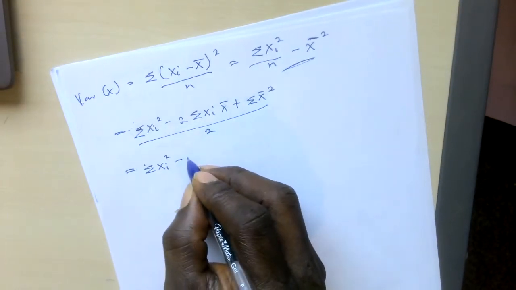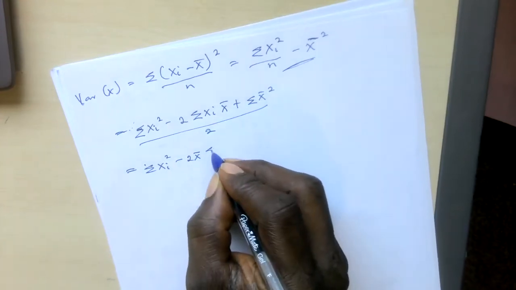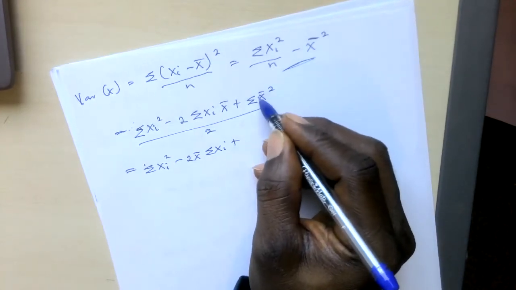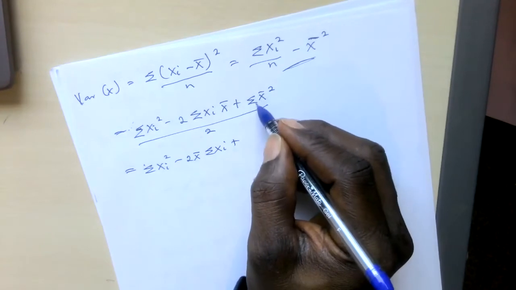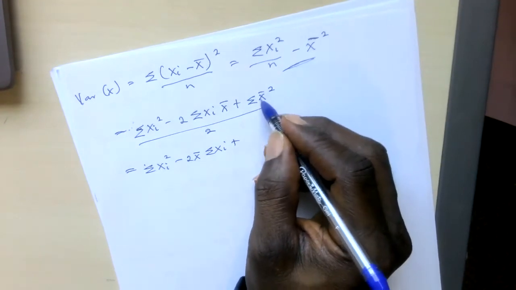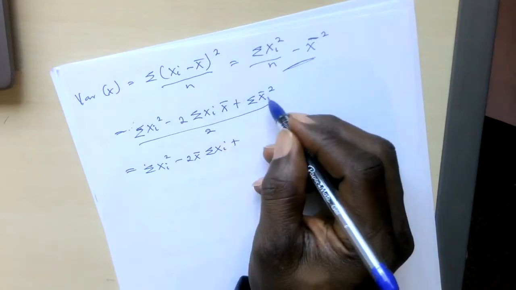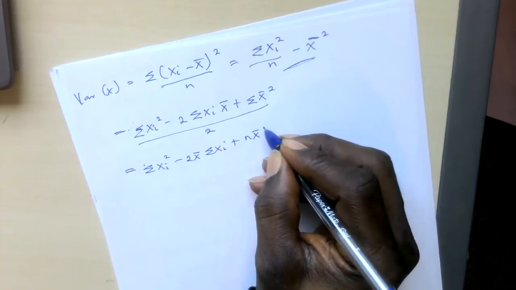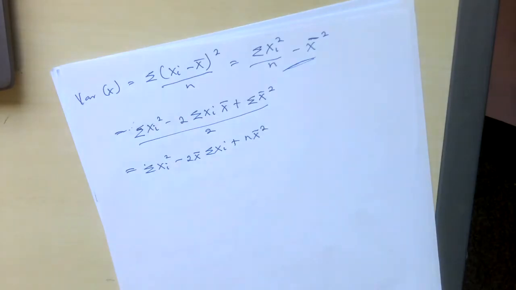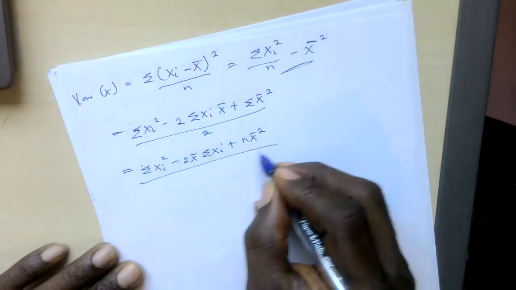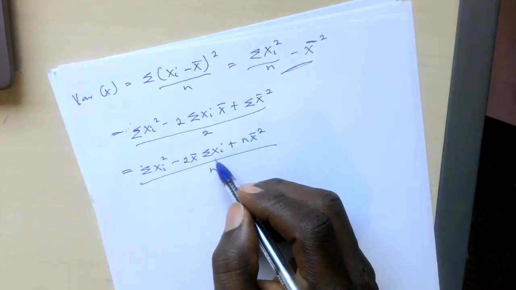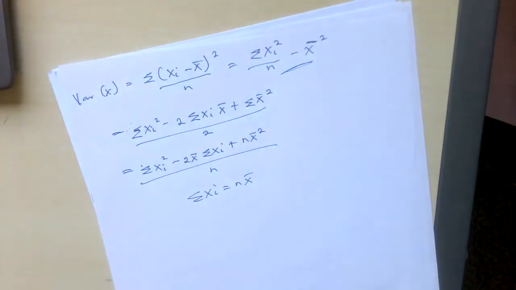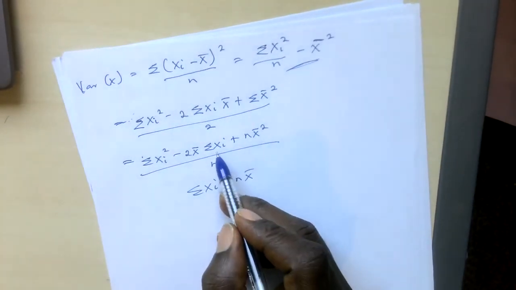So we have minus 2 x bar summation xi, plus, that is not a function of i, so this becomes more like a constant; the same thing applies to this. So this can be n x bar squared, all over n. We showed earlier that this summation of xi is the same thing as n x bar.